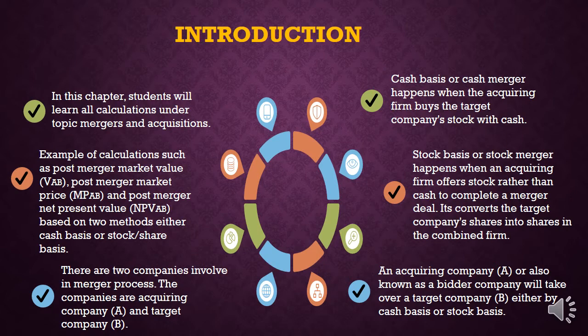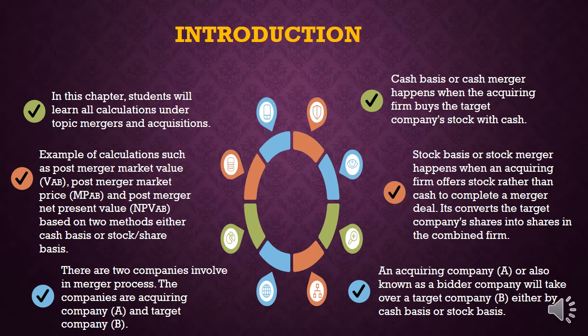And stock basis, or the other name, a stock merger, happens when an acquiring firm offers stock rather than cash to complete a merger deal. It converts the target company shares into shares in the combined firm. Under stock basis, the company will purchase another company by taking the shares of the company.